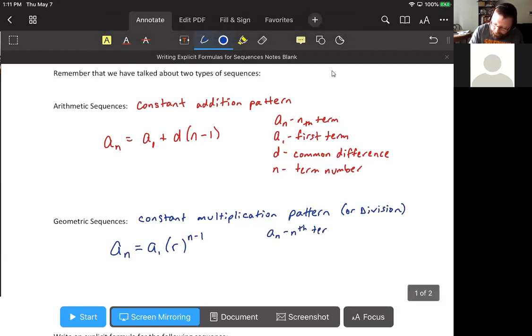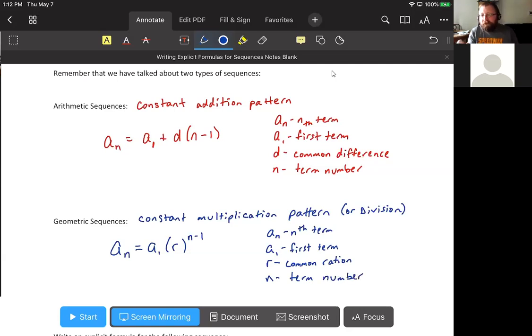Again, you're not going to plug anything in for that. That's your dependent variable, your y. A sub 1 is the first term, which you should just be able to pull from the problem. R is your common ratio, which is the value that you are multiplying by to get each term. And n is your term number.